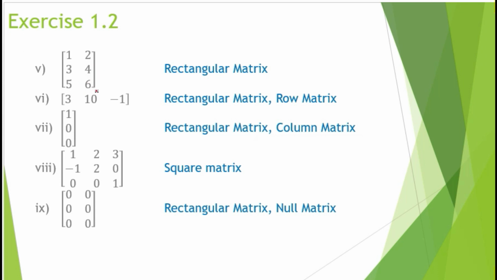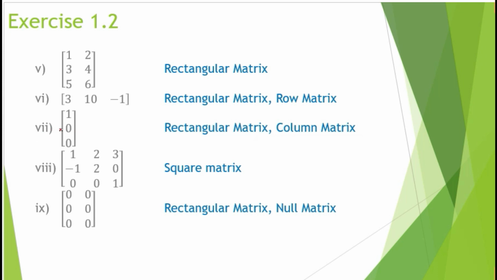It contains 3 rows and 2 columns, so this is also a rectangular matrix. And in question 6, 3, 10, minus 1, it contains 1 row and 3 columns, so it is a rectangular matrix. And it's also a row matrix because it contains only one row.